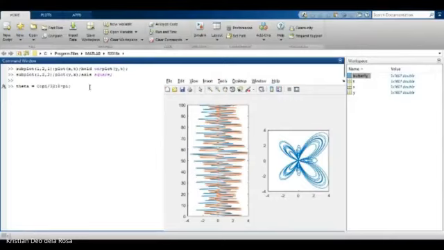8 times pi. That is 1 by 257. And then, start na ako.